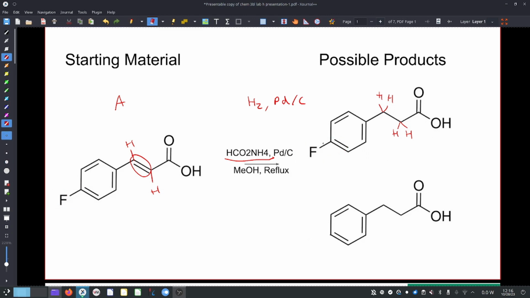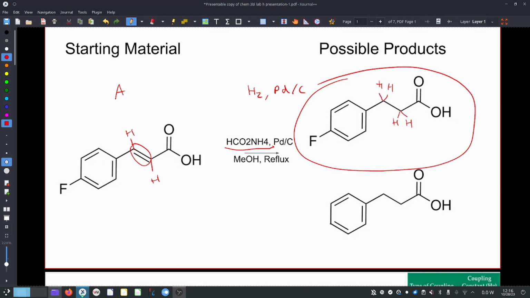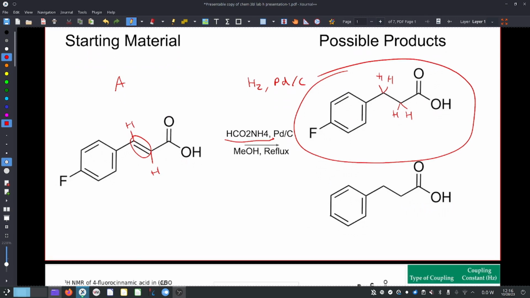So this is the major product that we see from the lab, and we can confirm with the NMR spectra and mass spectrometry as well. So we'll be going over basically just the HNMR, CNMR, and mass spec.